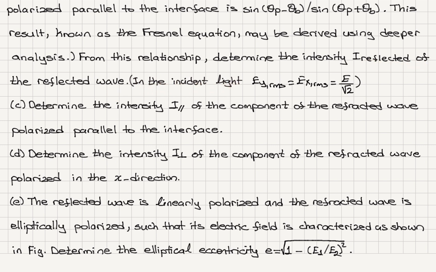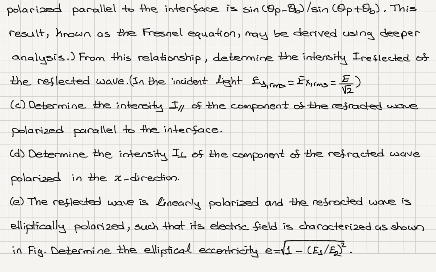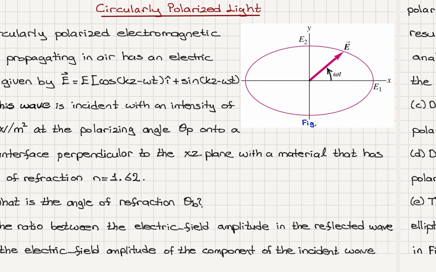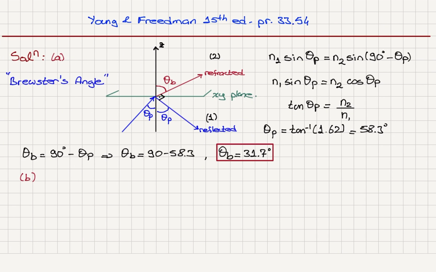In the incident light, note that the Ey RMS is Ex RMS, which is E over square root 2. You can see here, the x component is cosine, the y component is sine, and when I look at the RMS values of these two components, they will each be equal to E over square root 2. That's what is given in the problem statement.